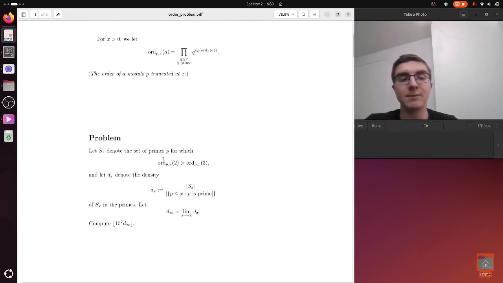We look at the primes p for which the truncated order of 2 is greater than the truncated order of 3, and we let d_x denote the density of such primes p. We then want to compute the limit of d_x as x goes to infinity to 7 decimal places.